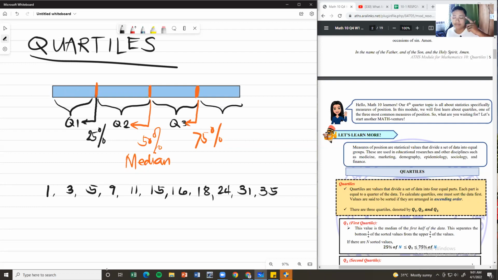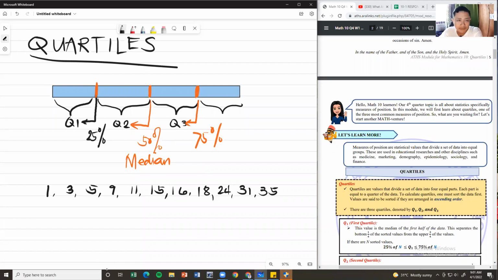For example, in a summative assessment in math, which is equal to 35 points, these are the following scores garnered by the different learners in 10-1. Okay, sad to say to those learners who got these low scores, but good for those who got good scores at the latter part of our data.